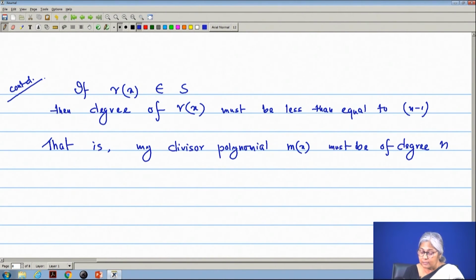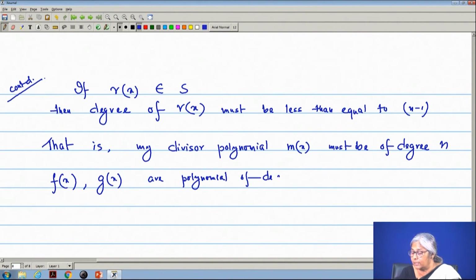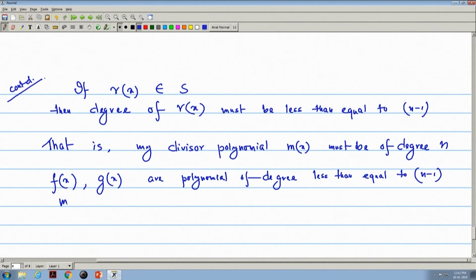So, now if we summarize, f x and g x are polynomials of degree less than equal to n minus 1. m x is an irreducible polynomial, irreducible means that it has no factor, that we have read earlier.